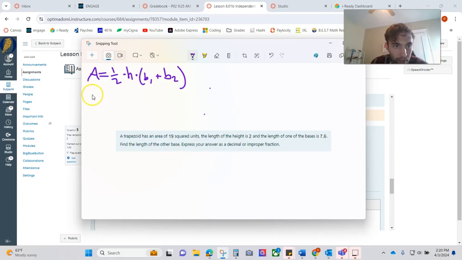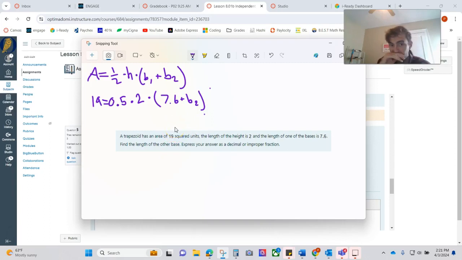So our area is 19 for me, equals 1/2 stays the same. I'm going to write 1/2 as 0.5. Mean the same thing. Times, do I know the height? Ooh, the height is 2. Times, and one of the bases is 7.6, but I don't know the other base.